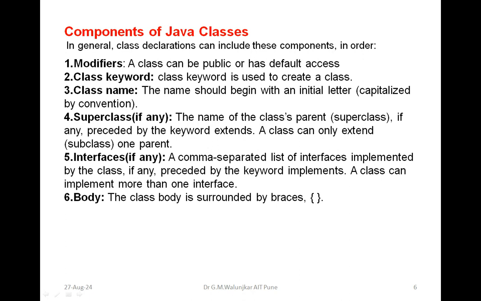The concept of a superclass exists in inheritance, by using the keyword extends. Then interfaces: in the case of pure abstract classes, the interface concept can be used. And you have a class body surrounded by braces. This is nothing but the components of a general Java class.